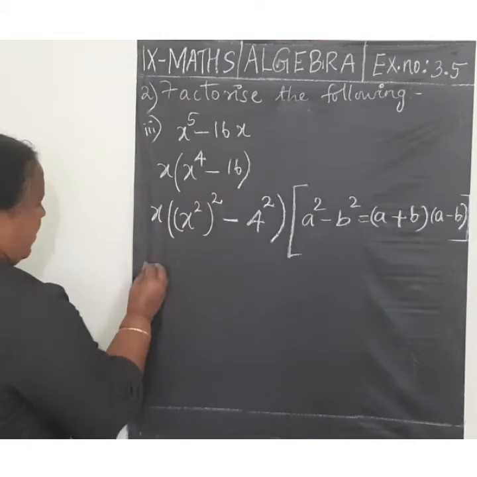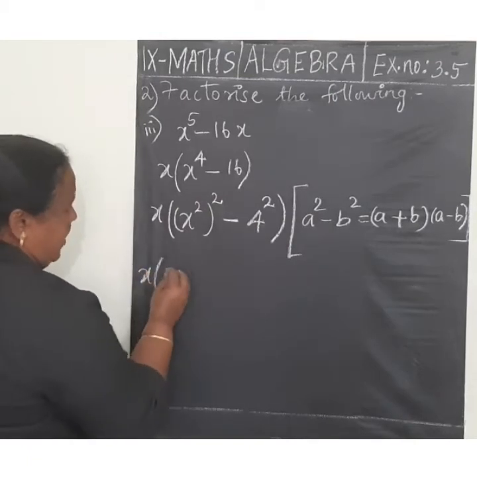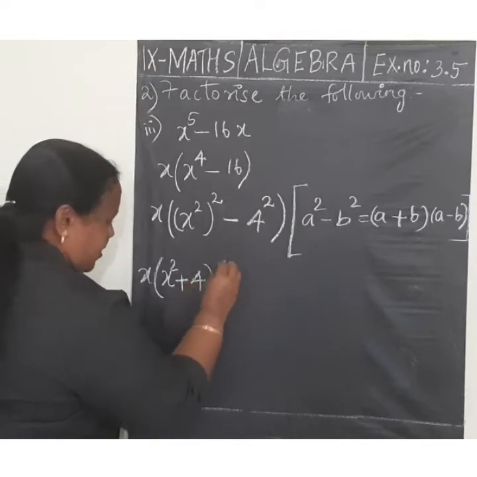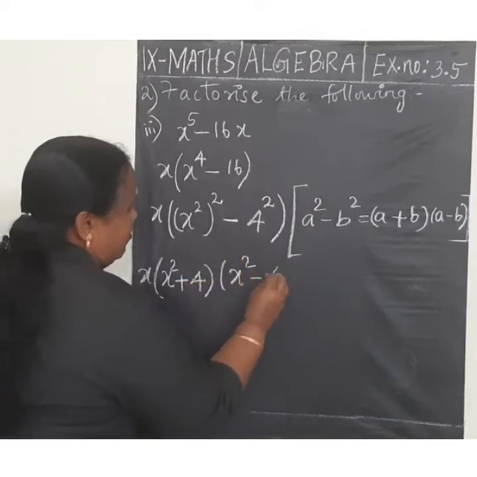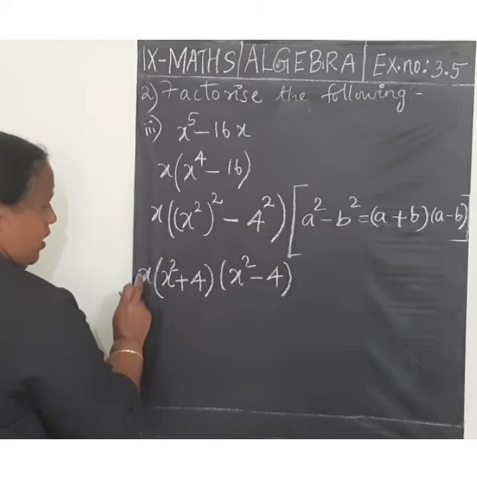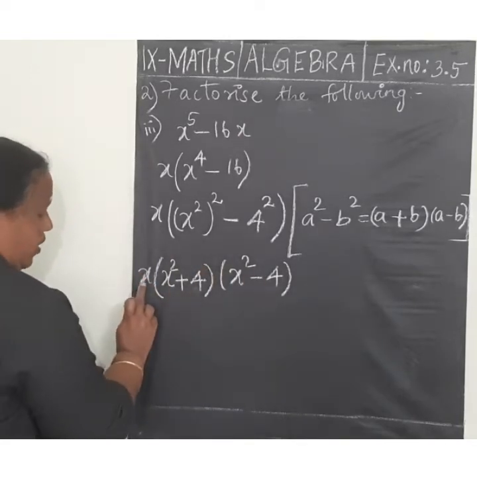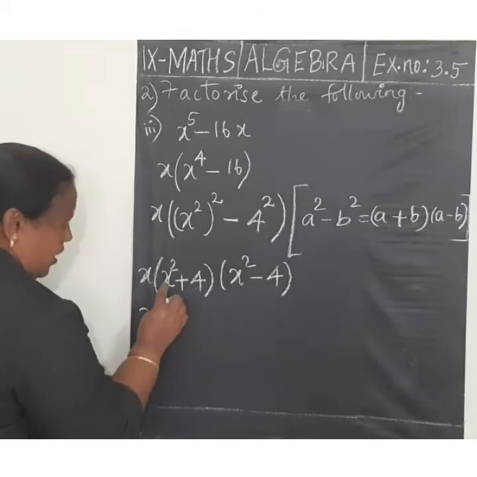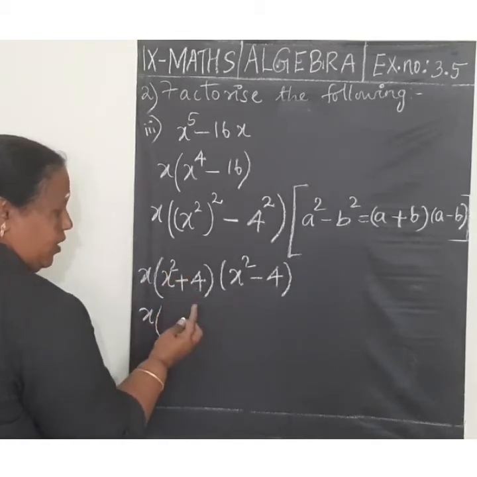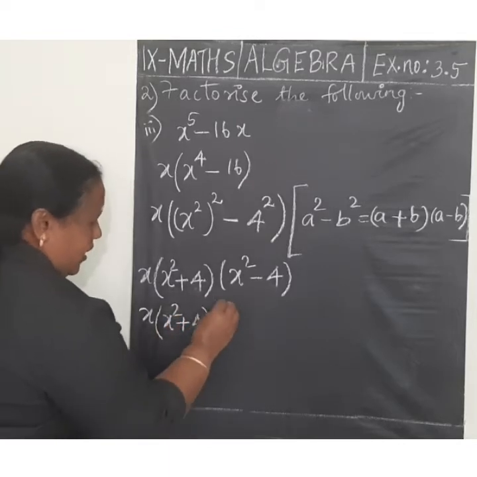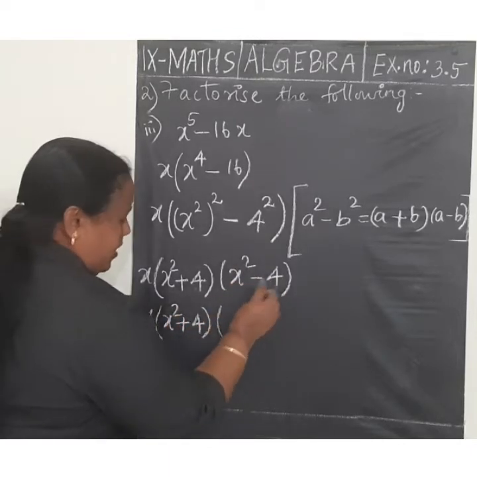So we write x into (x squared plus 4) into (x squared minus 4). Now in x squared plus 4 we can't do anything, so we write it as it is.